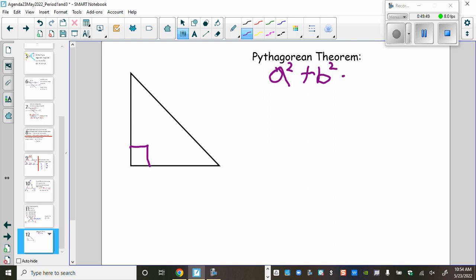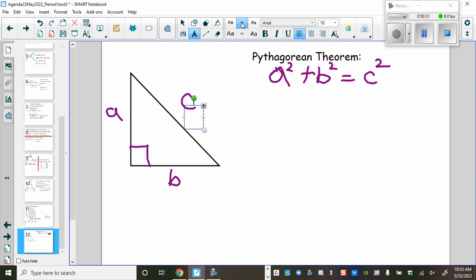Hypotenuse, C, yes. So remember, C is your hypotenuse.